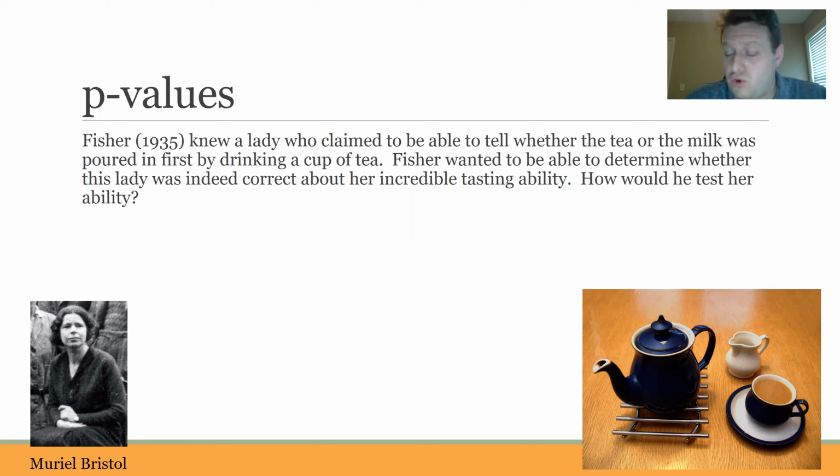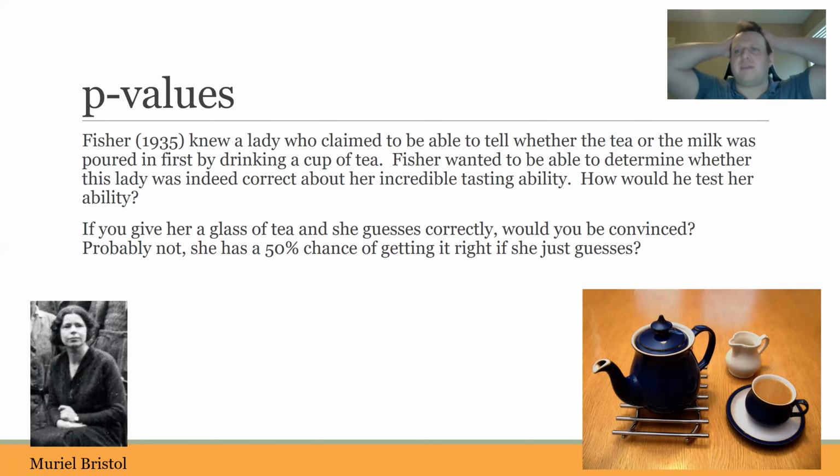All right, well, you could make a tea and then give it to her and say, okay, which is it? And she tells you, but there's a chance that she's just guessing, right? There's a 50% chance that she gets it right just due to random chance. So maybe we give her many different teas, some in which we pour the milk in first, some in which we pour the tea in first, and we see how many she gets right.